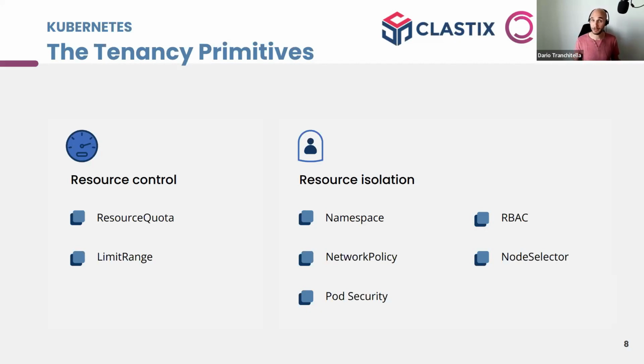Then we got also pod security, because Kubernetes essentially is allowing to run in a software-defined way a lot of workloads. So it means that I could have on a specific node one pod from a tenant and another pod from another tenant. And what happens if one pod starts a privilege escalation? It could read the data of the node and, starting a privilege escalation, read the secrets of the other application and so on and so forth, or compromise the Kubernetes API server.